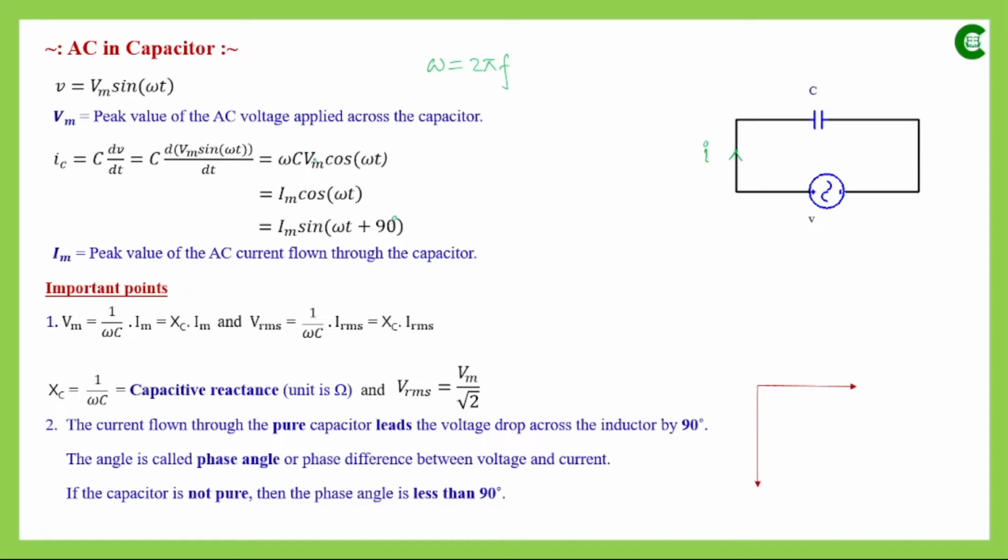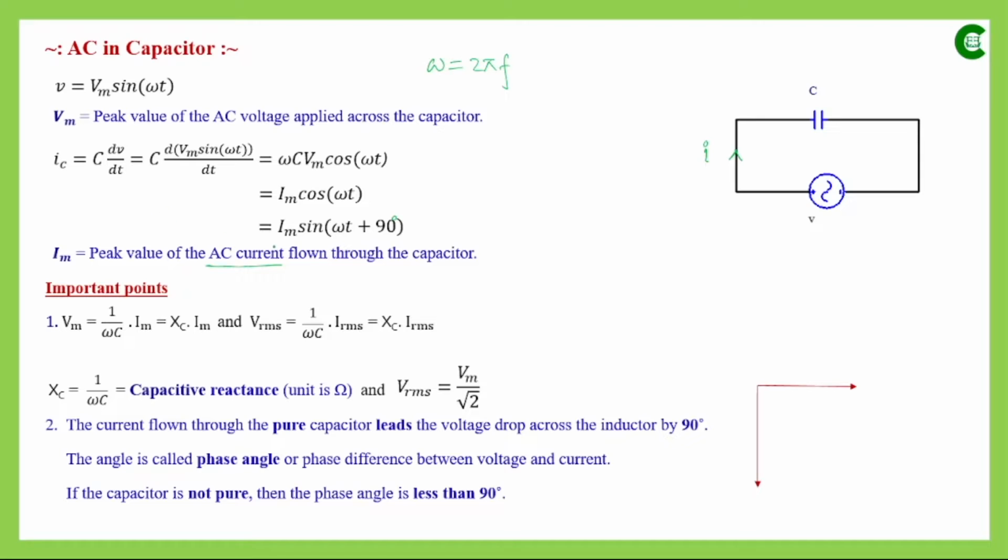And since we took the maximum voltage, accordingly we have also taken the maximum current here. Now we are getting this expression for IC, where Im is the peak value of the AC current flowing through that capacitor.